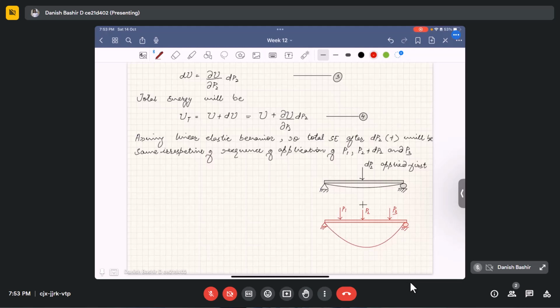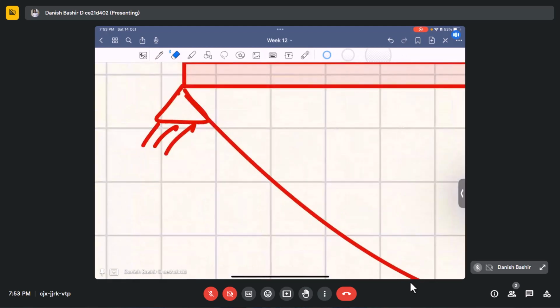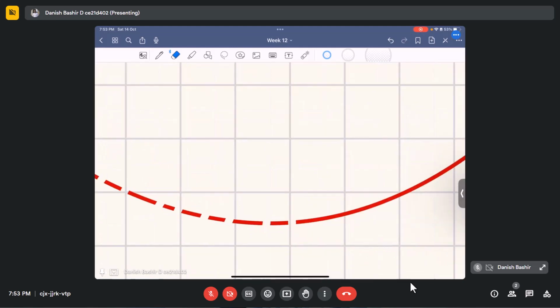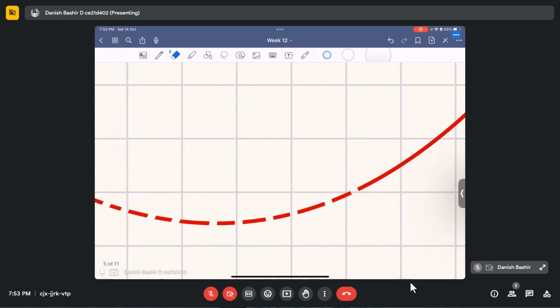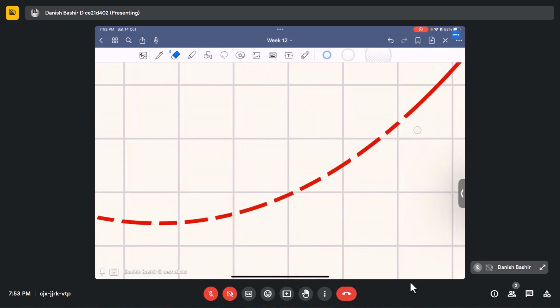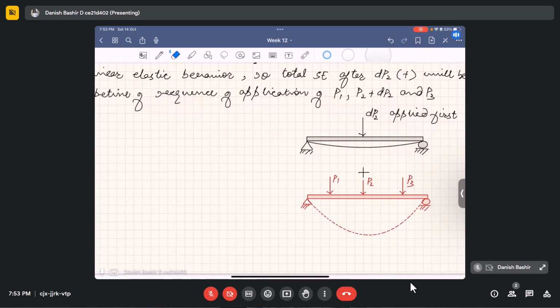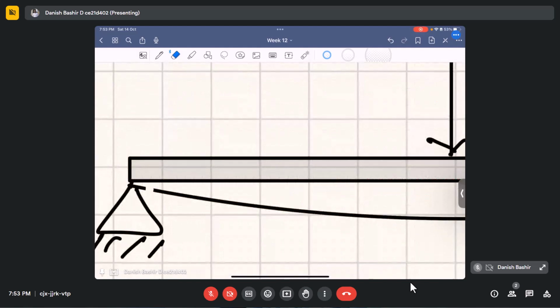Since this is an elastic curve, we need to show this dotted line, the elastic curve. This can also be done in a similar fashion.